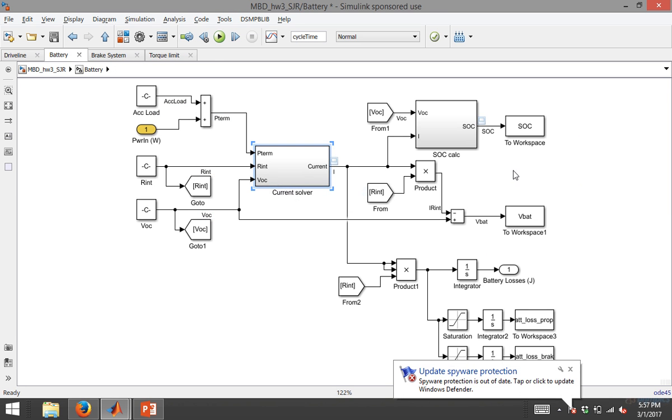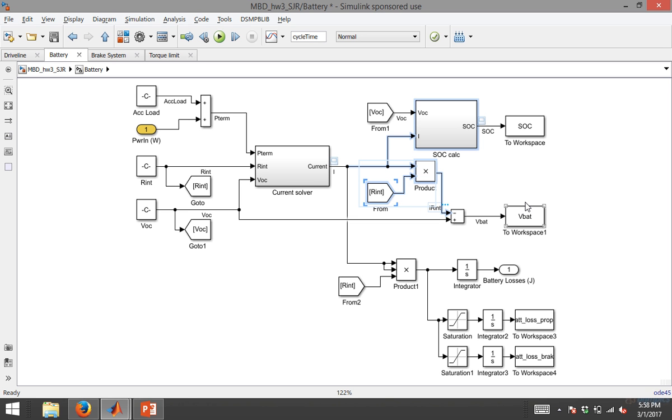So once you have the current, to calculate the losses at the battery, multiply I by, that's not losses, that's VBAT, to figure out the actual voltage at the battery, because it's not going to be equal to the open circuit voltage.